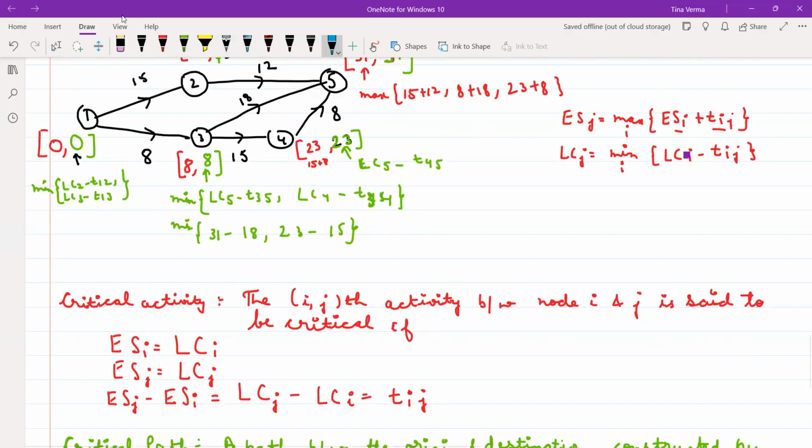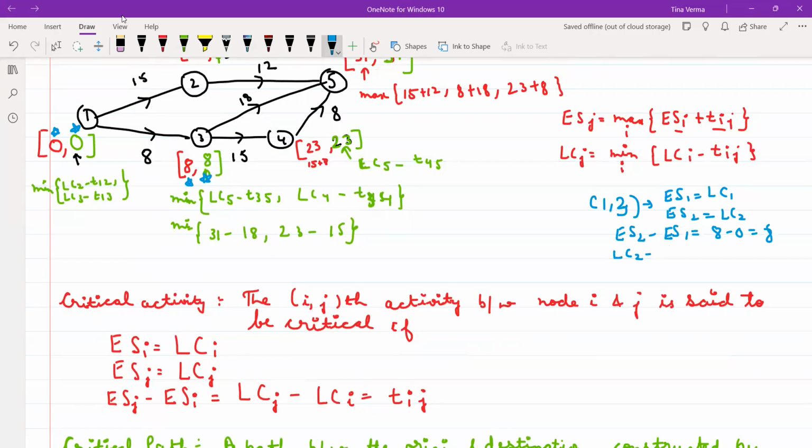So how will you take it? This is my activity 1, 2, 3, right? For this activity, ES1 is equal to LC1, fine. ES2 is equal to LC2, fine. Now which activity are you talking about? You are talking about the activity 1-3. Is it clear? For the 1-3 activity, ES1 is equal to LC1. ES3 is also equal to your LC3. And if you take the difference, that means ES3 minus ES1, what is that? 8 minus 0, that is 8.